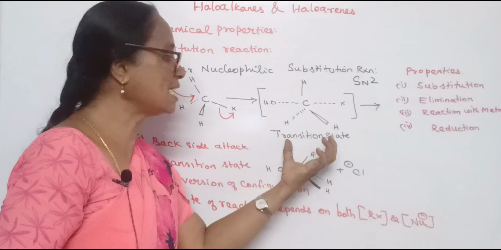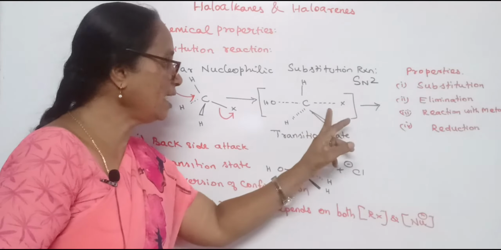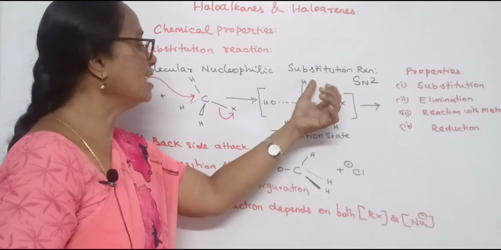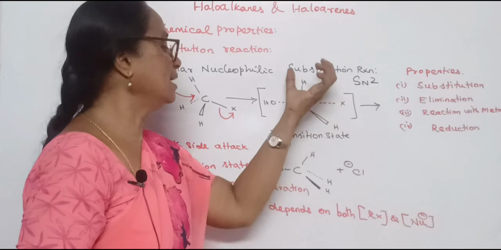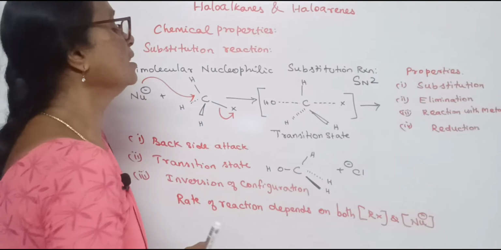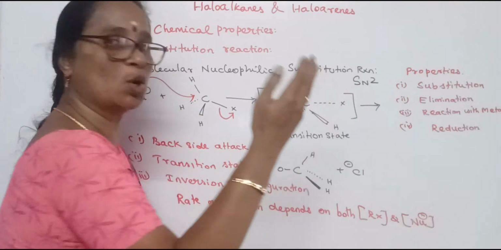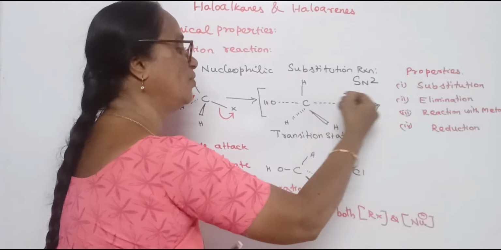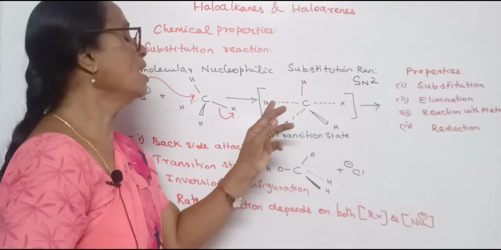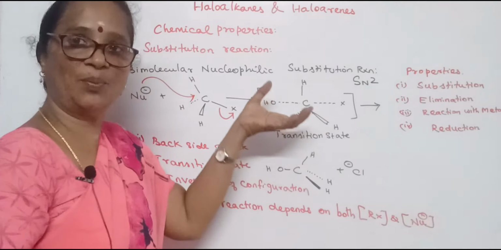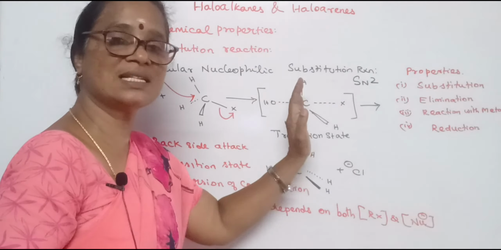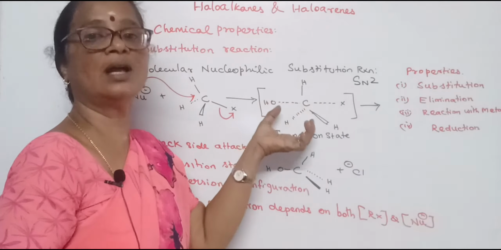So in this transition state, the breaking and making of bonds takes place, and the other 3 hydrogen atoms go to the plane of the paper. The carbon halogen bond is weakened because the halogen withdraws the electron from the carbon atom. At the same time, the OH carbon bond becomes strengthened, because the oxygen releases electrons to the carbon to make a new bond.